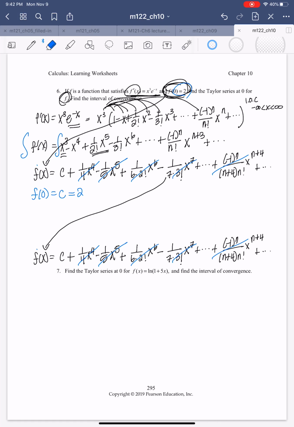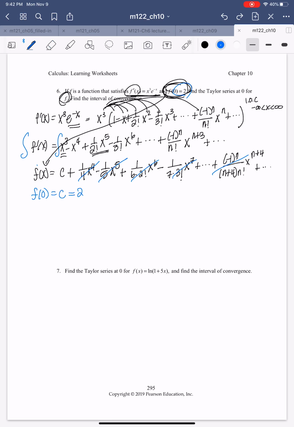I'll just rewrite it. So my f of x ends up being 2 plus just the same term, because everything will be 0 when you plug in 0.